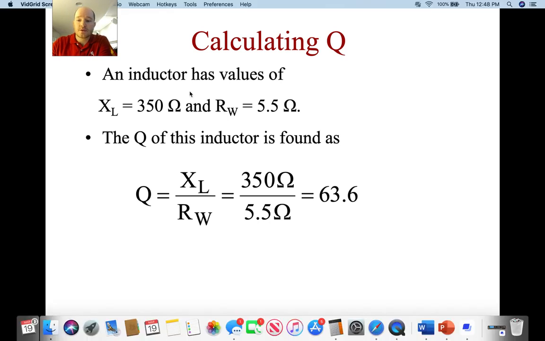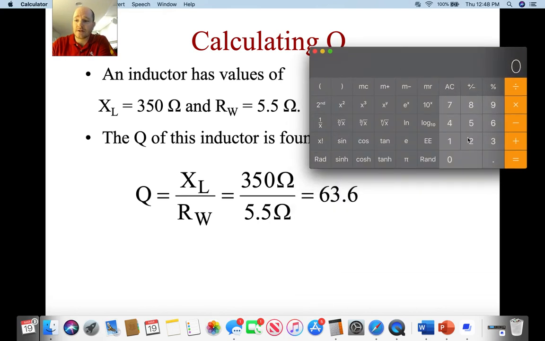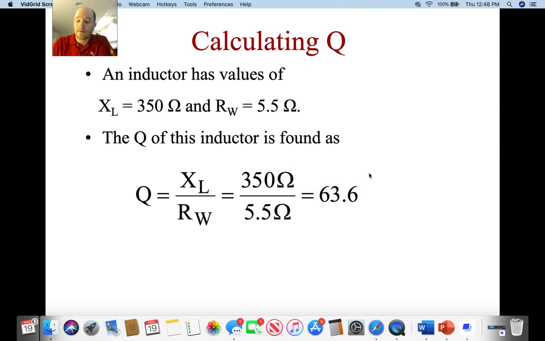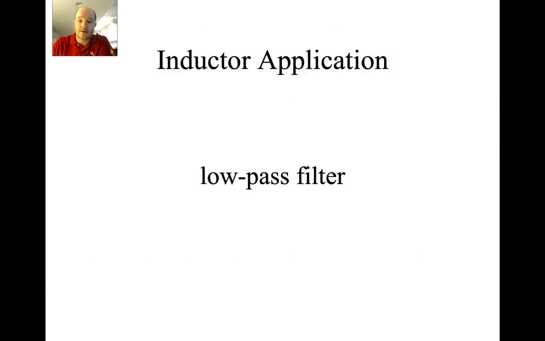Say I increase my frequency and my X of L skyrockets to, we'll say, 3,500, still divided by 5.5. Now my Q is 636. Note that Q is a ratio and does not have a unit.